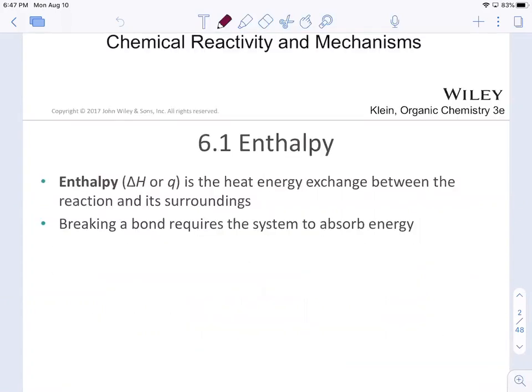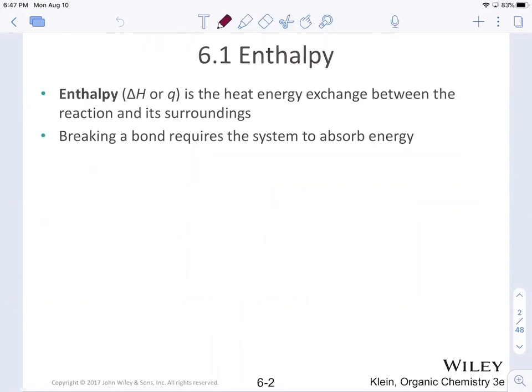Now, enthalpy, we should briefly remember from general chemistry. Whether that was the first semester or the second semester, we've talked before about delta H. Enthalpy is the heat exchanged in the reaction and its surroundings, between a system and its surroundings. Specifically, what we are going to be using delta H for.